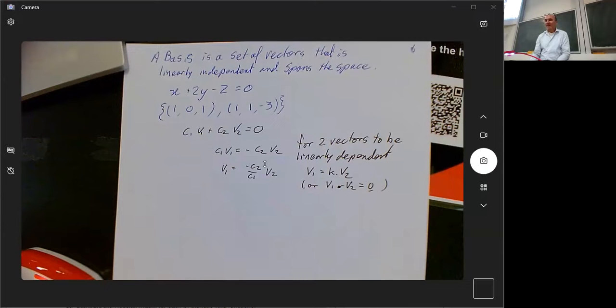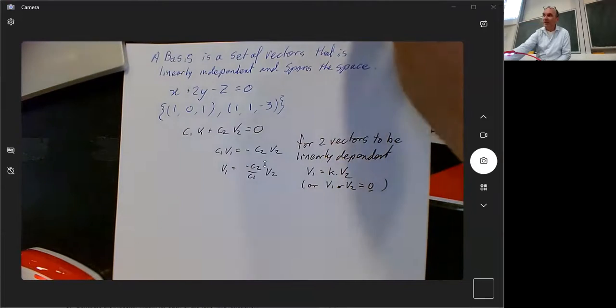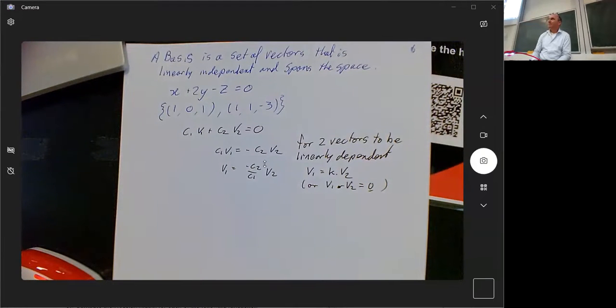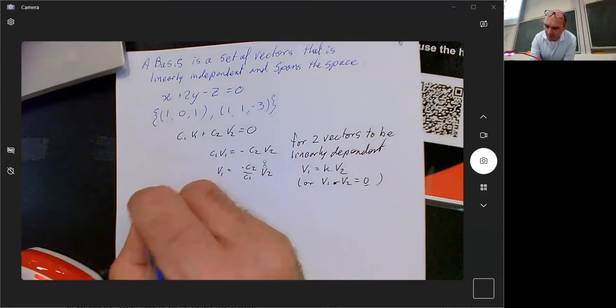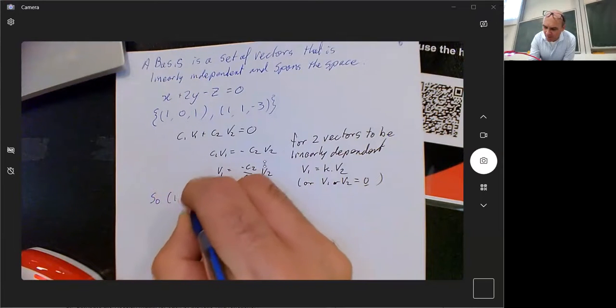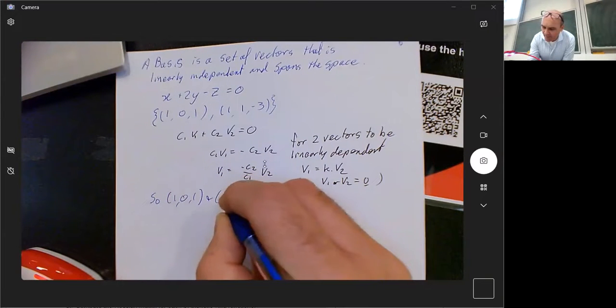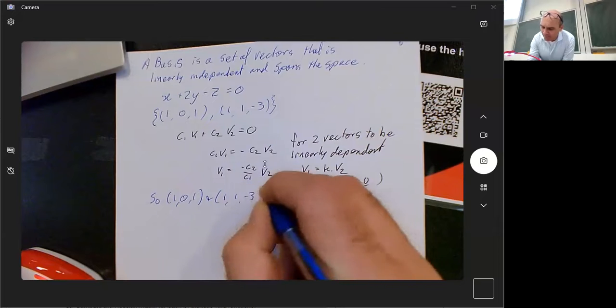So I can actually look at these vectors, 1, 0, 1 and 1, 1, minus 3, and observe that they're not scalar multiples, so they're linearly independent.